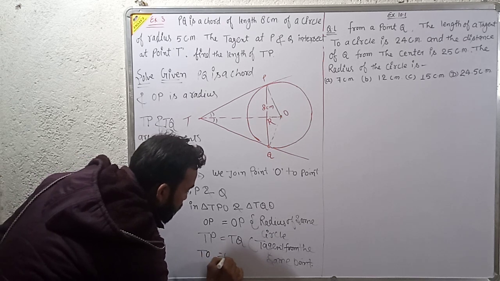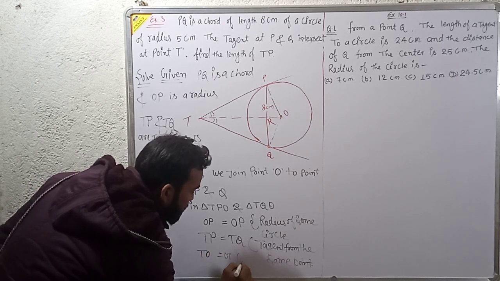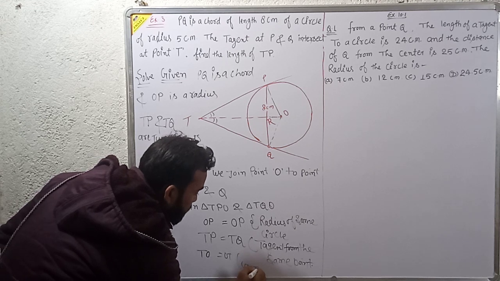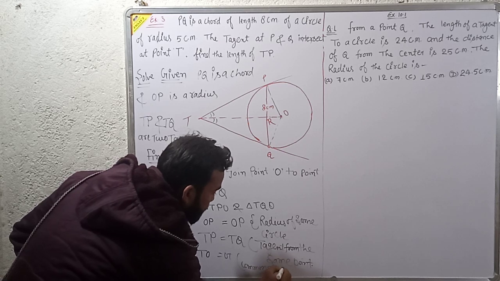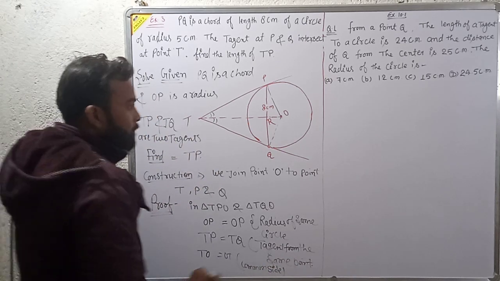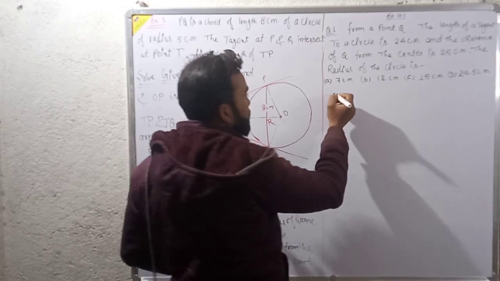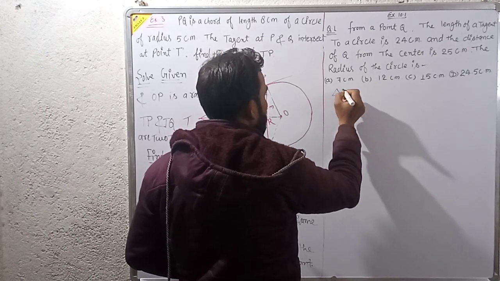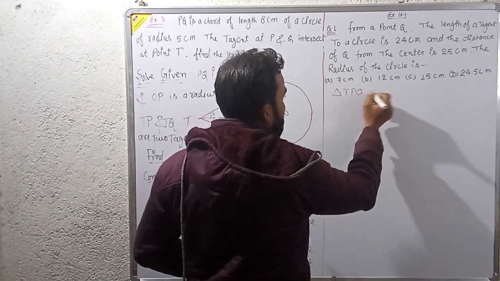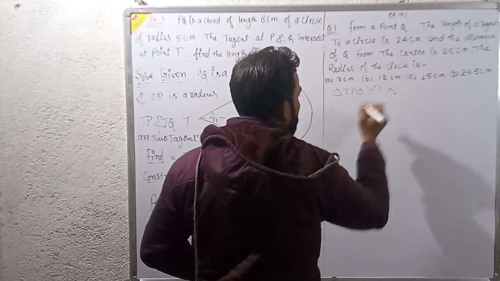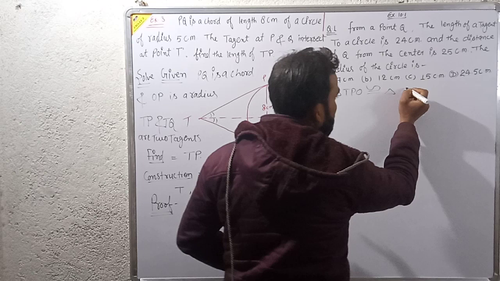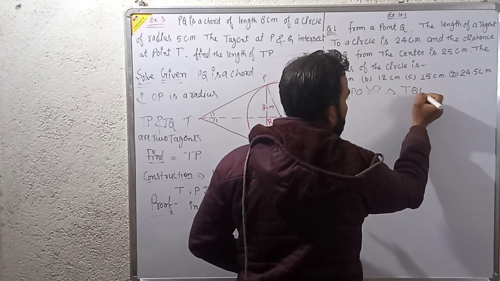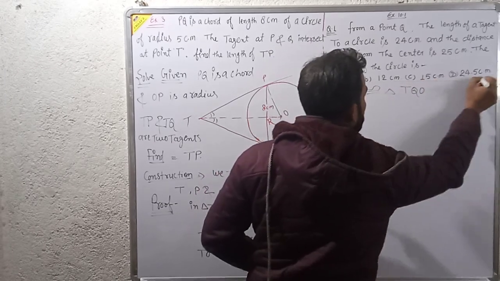This is the common side. Clear? So we can say that triangle TPO is congruent to triangle TQO. Clear?